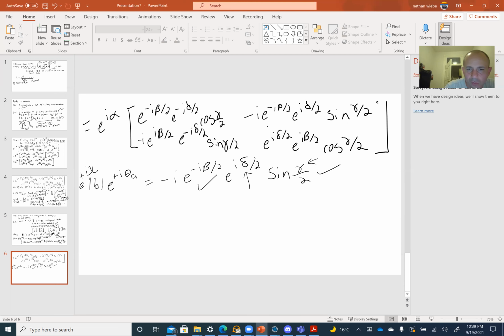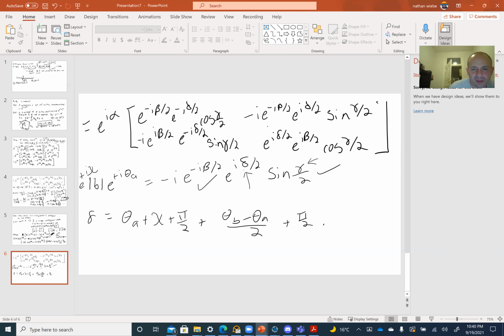So in particular, what we end up getting at the end of all of it is that our choice of delta is equal to something like theta A plus chi plus pi by 2 plus theta B minus theta A over 2 plus pi by 2, which can be simplified, no doubt.